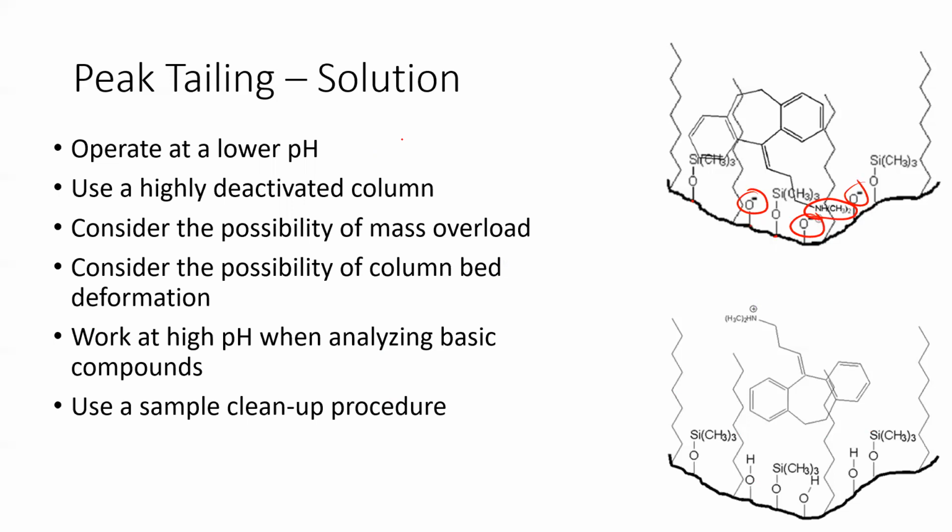And so if we operate at a lower pH, we will protonate the column, and not that an OH group is a whole lot less polar than an O minus group, but it's going to have slightly weaker interactions with our analyte.